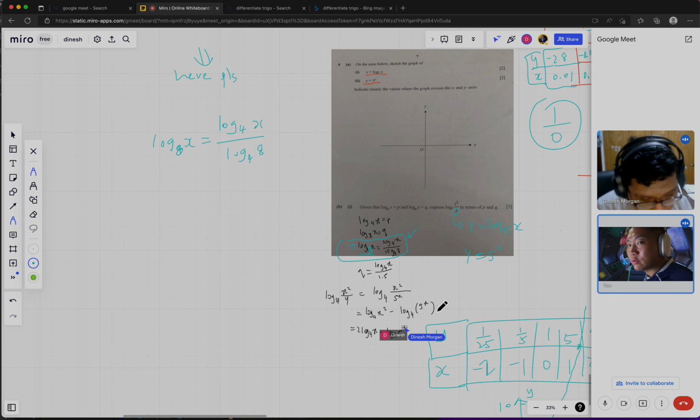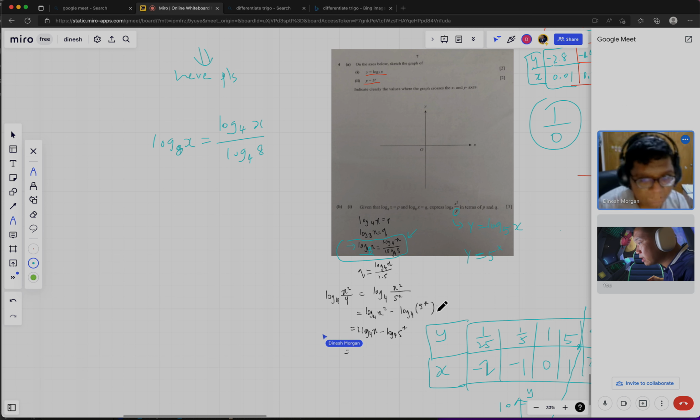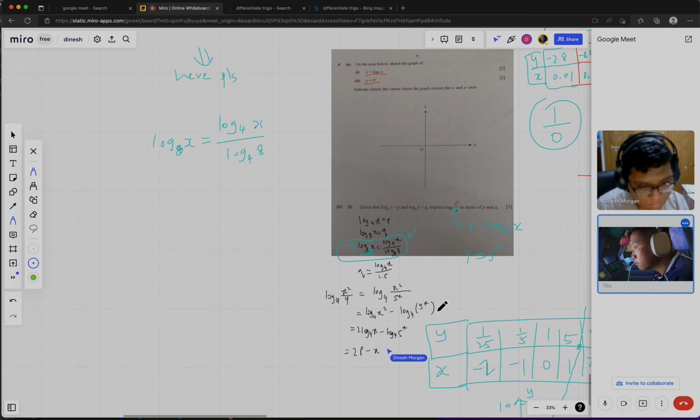I think they have to give you the... So can you manage? But anyway, they never give you log 5 also, right? Yeah. Okay, so I think A? No. But I don't know what log 5 is.